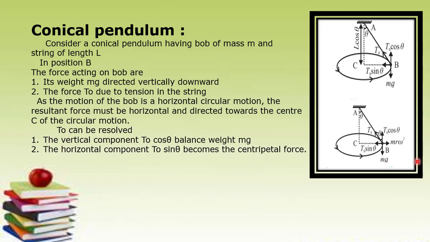Now T is resolved into two components, T cos theta and T sin theta. T cos theta balances the weight mg and T sin theta becomes the centripetal force. So you will get the equation T sin theta equals m r omega square, and T cos theta equals mg. These are equation numbers 1 and 2.